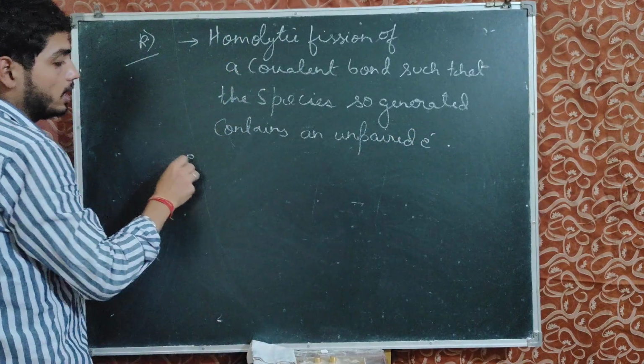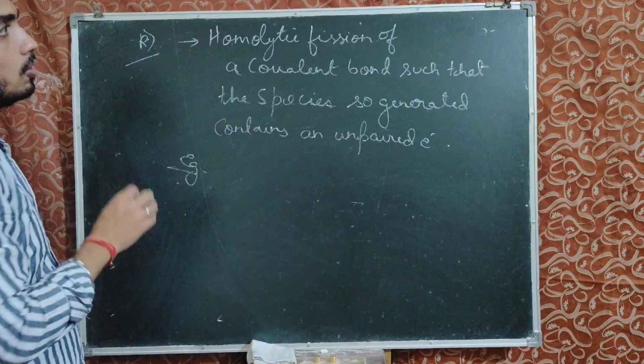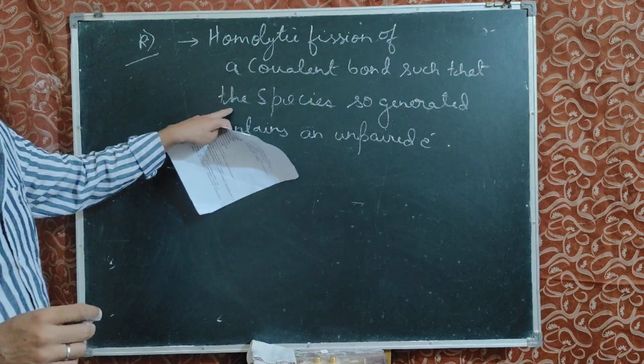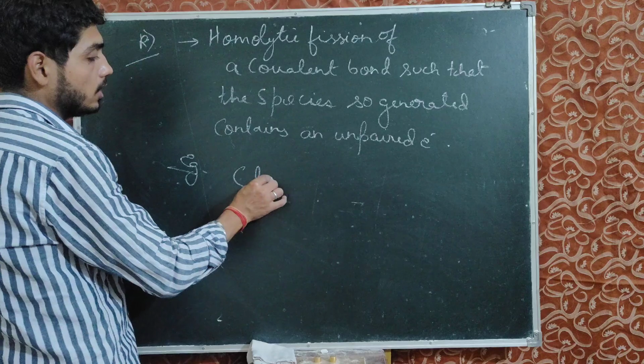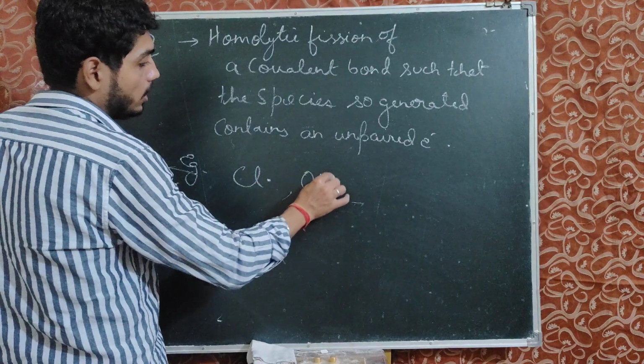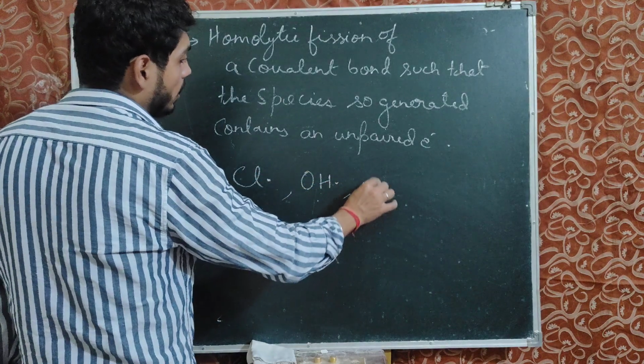For example, just write this. If you have written this, that is perfectly all right. Homolytic fission of a covalent bond such that the species so generated contains an unpaired electron. For example, chlorine free radical Cl dot, or hydroxide free radical OH dot, nitrate free radicals.